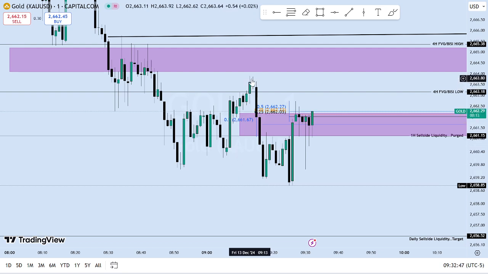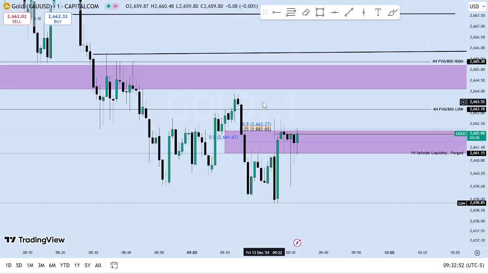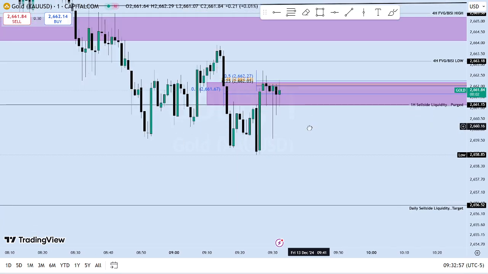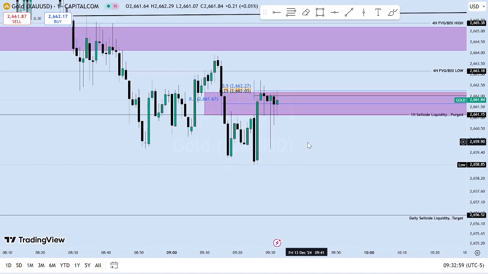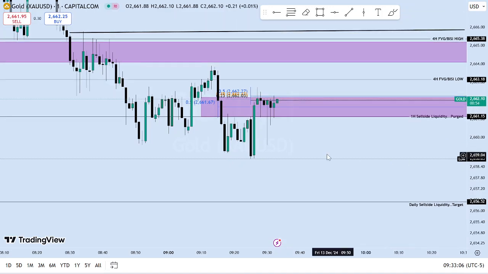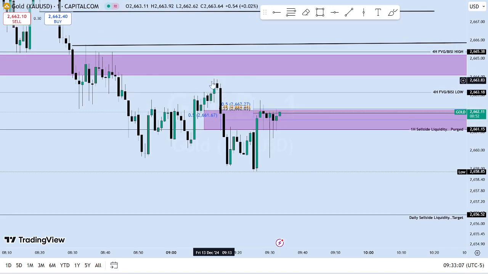We have a buy side liquidity above. Have a liquidity above here.